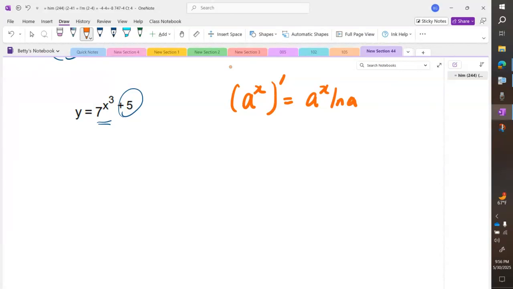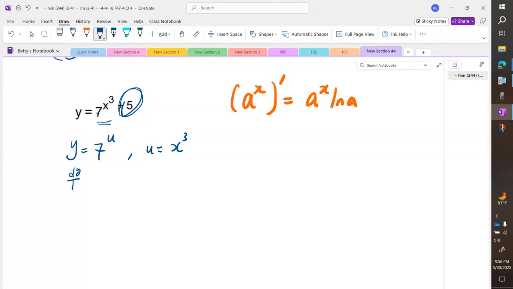All right, so I would try the chain rule here. I would let y equal 7 to the power of u, and then u equals x to the power of 3. Again, the 5 here is not an issue because the derivative is going to be 0.